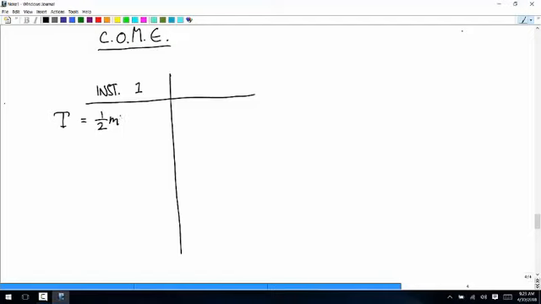So the kinetic energy is 1/2 mv squared. The potential energy at instant 1, at the surface of the Earth, is going to be G times big M times little m over the radius of the Earth squared.